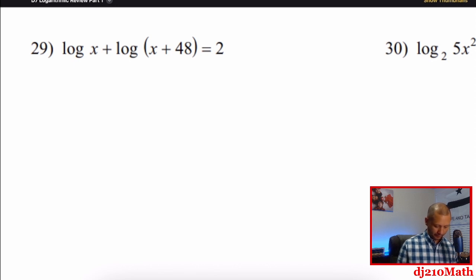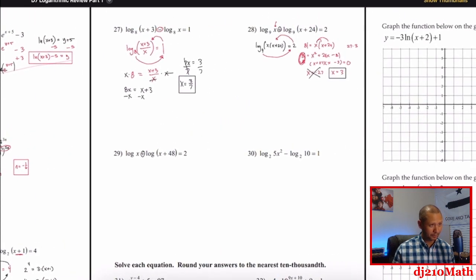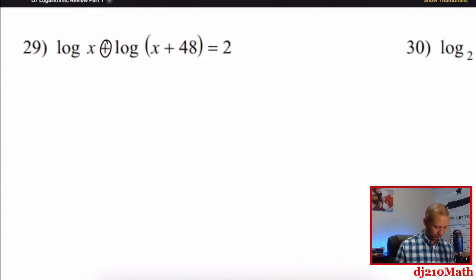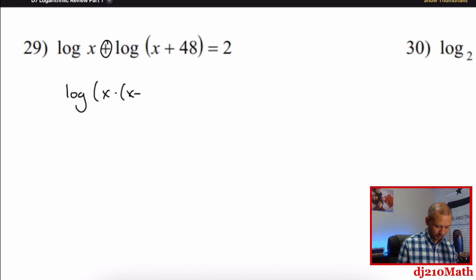Okay, we have addition, 2 logs, so again, multiplication. This looks very much like the last problem, so it's going to be very similar with the whole factoring part. So log, no base, so base 10, x times x plus 48 equals 2.